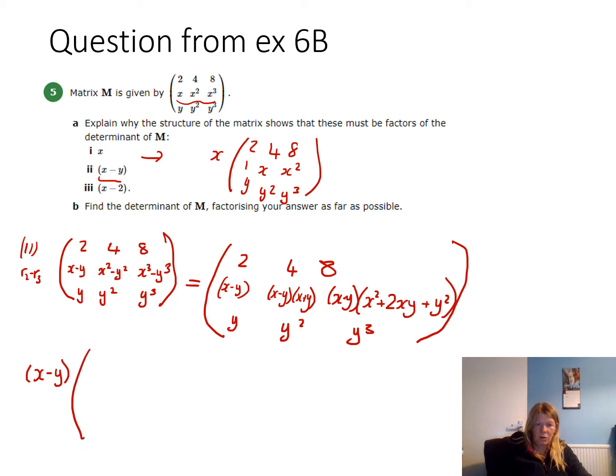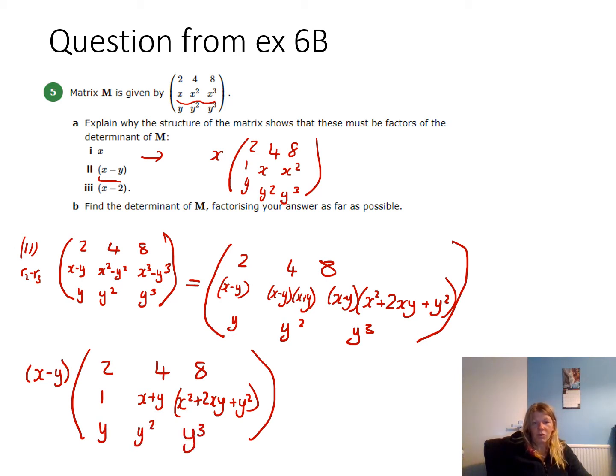And you've still got your 2, 4, 8, but now we've got 1, x plus y, and here you've got your x, this is like a different one, x squared plus 2xy plus y squared for that third term there, and then you've still got your y squared, y cubed. So that shows that that was a factor of that matrix.